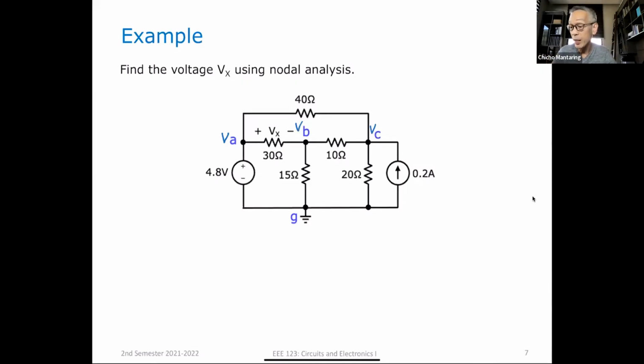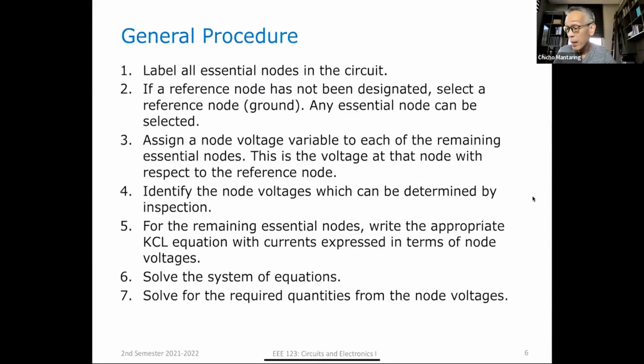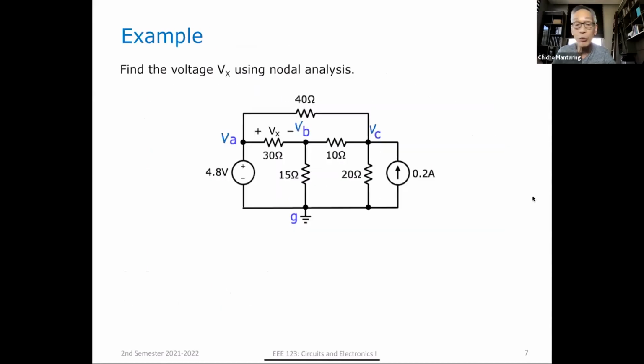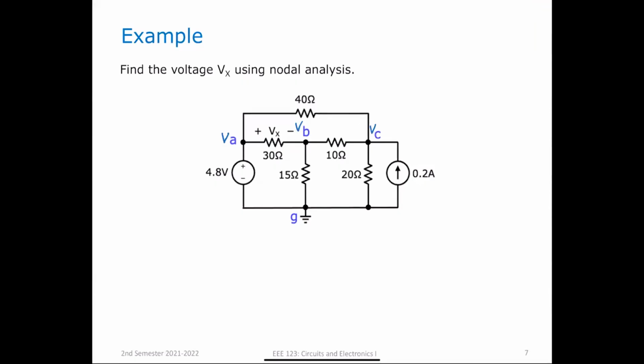Okay. Let's take a look at the next step. Identify the node voltages which can be determined by inspection. Okay, I want you to take a look at this circuit. Is there any node voltage that can be determined by inspection? Can I ask? Sir, is it yung sa VA and VB kasi there's a positive, because current flows from positive to negative sa VX.